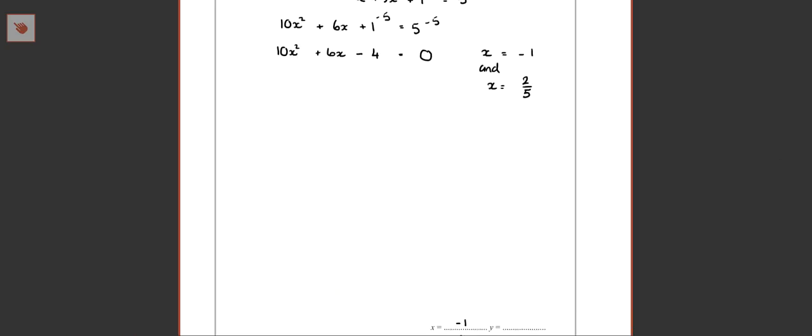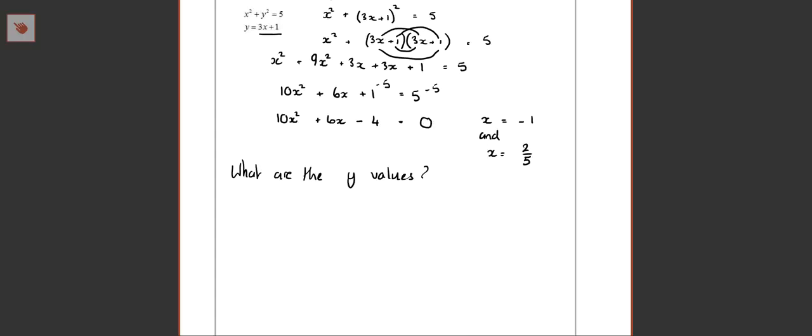Did you put -4? Now we still have to work out y. So what are the y values? Substitute the x's. Yeah, so we've got to do it twice now because we've got 2 x values. Which one would you substitute into?